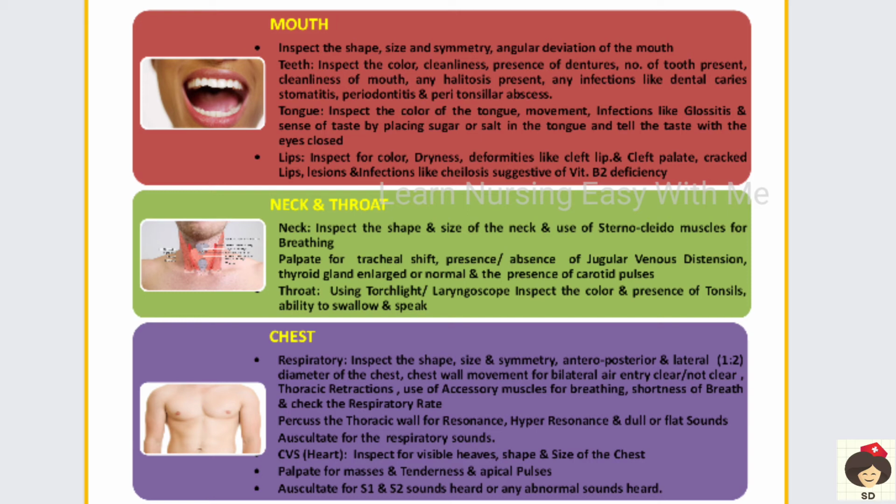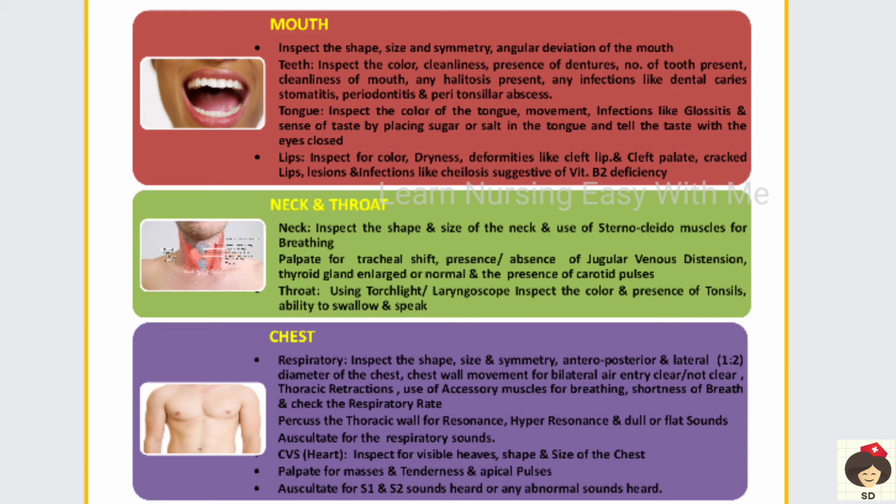There are other deviations like pigeon chest that you can identify. Also see the chest wall movement, whether the air entry is clear or not. On both sides, check whether the chest wall is moving symmetrically when the patient is breathing.